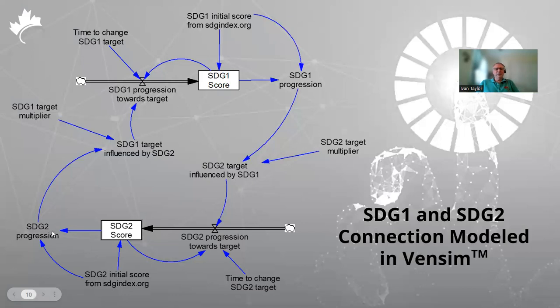Then we connect that to the target, which is defined by the government of the day as the goal that they're trying to achieve. But that goal will be inhibited or enhanced by other SDGs and how they're related. This is the way the SDGs are connected.